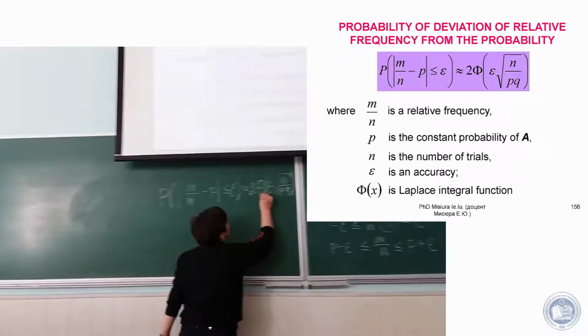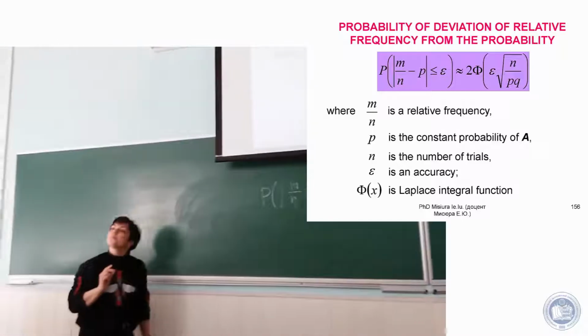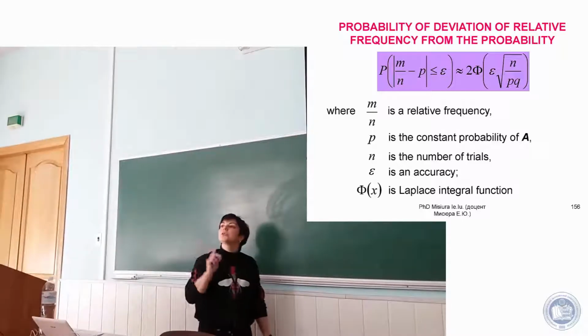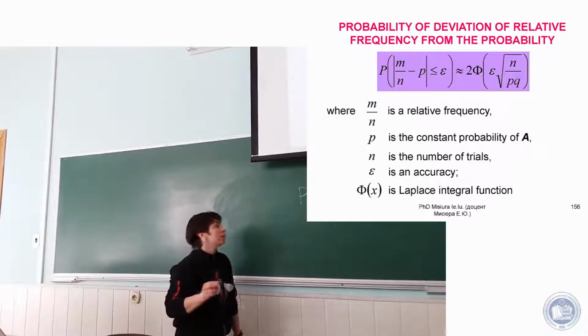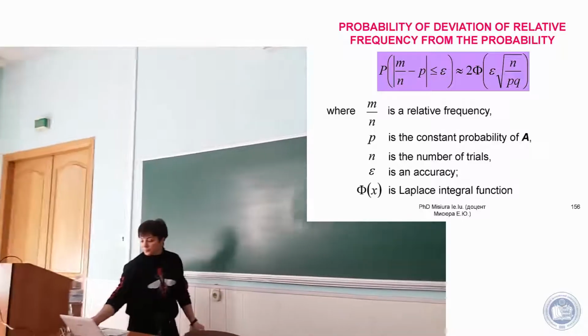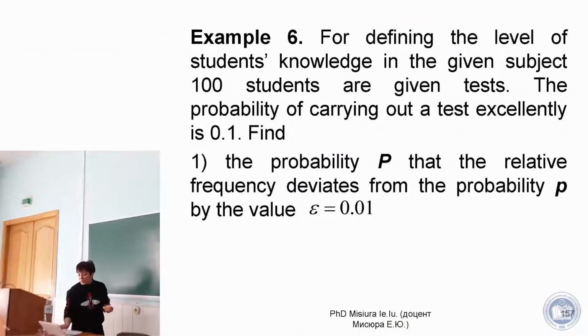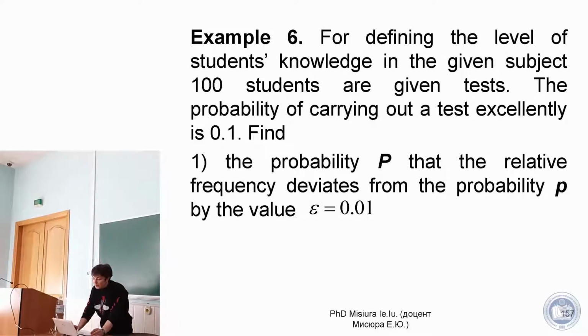In order to solve, let's explain capital Phi. Is it a differential function or an integral function? Integral function. Let's solve examples. For example, for defining the level of students' knowledge in the given subject, 100 students are given tests.